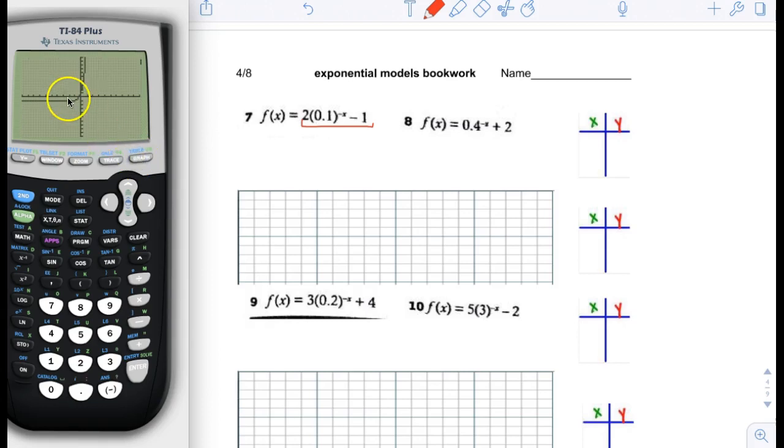Okay, so we can see that basically it occupies a little bit on the negative y, and then a lot on the positive y. So let's look at the grid, or the table.